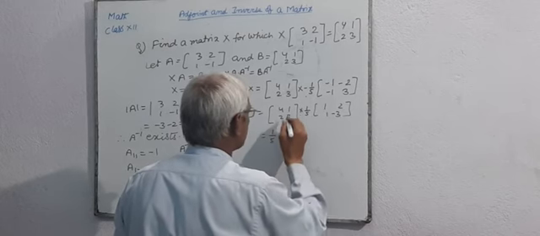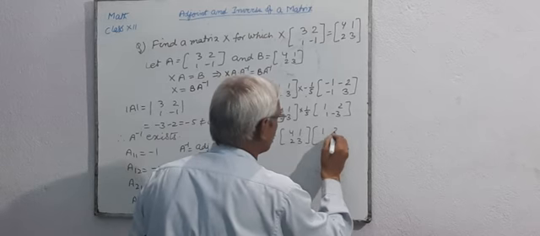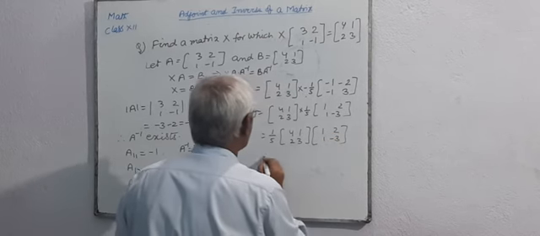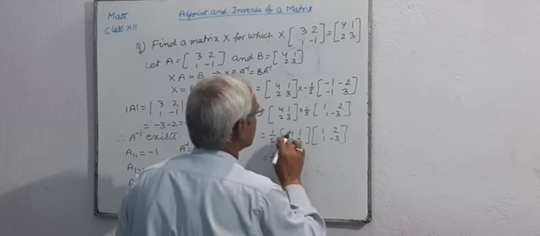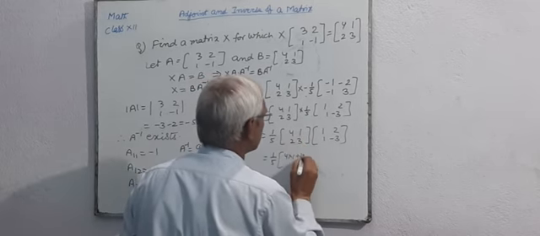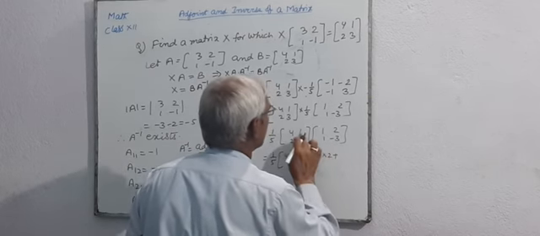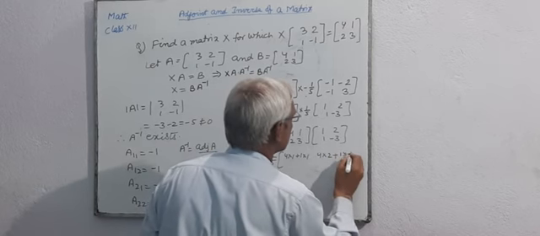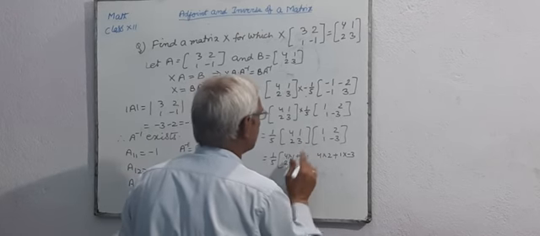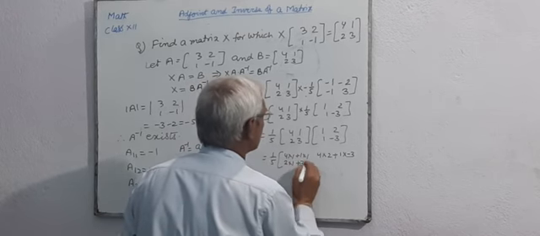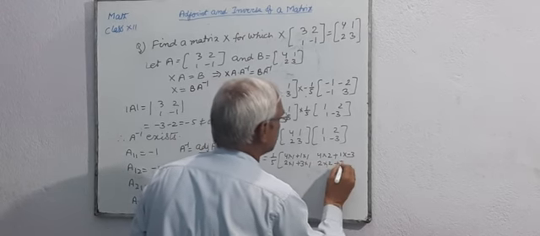X = 1/5 of [4 1; 2 3] into [1 2; 1 minus 3], which is 1/5 of [4 into 1 plus 1 into 1, 4 into 2 plus 1 into minus 3; 2 into 1 plus 3 into 1, 2 into 2 plus 3 into minus 3].